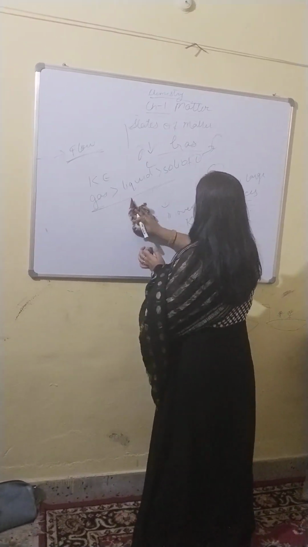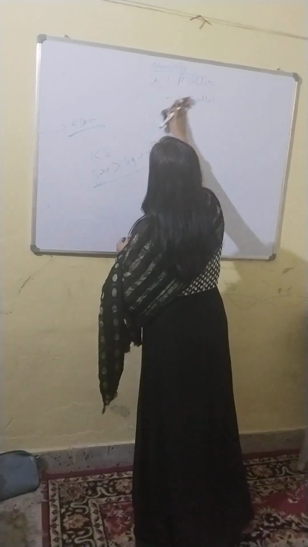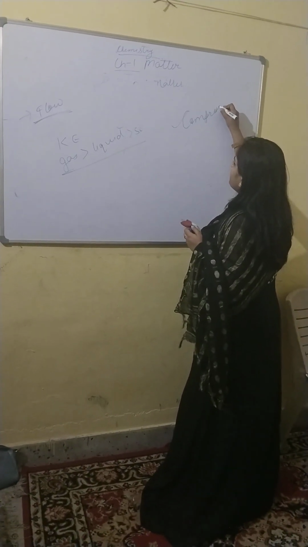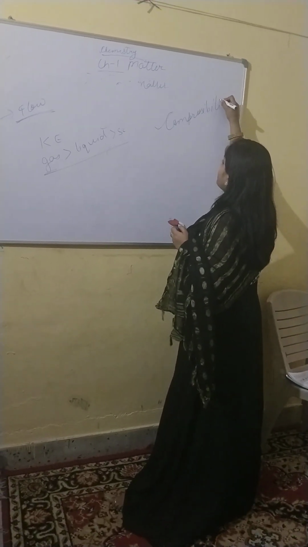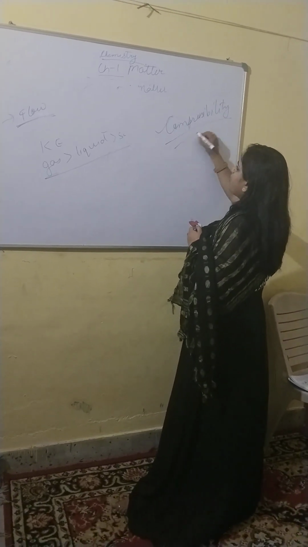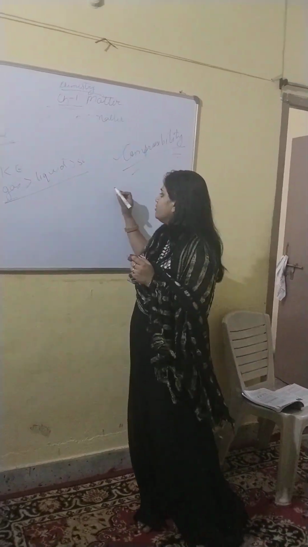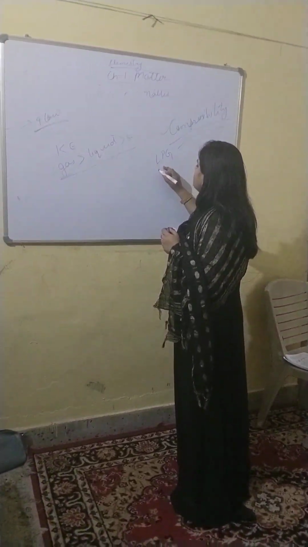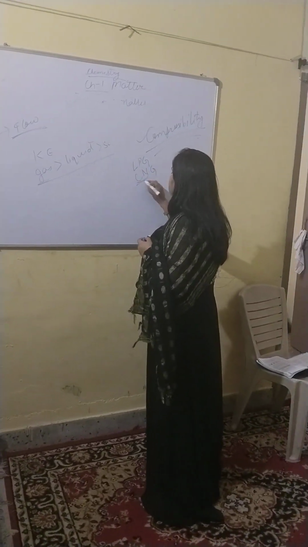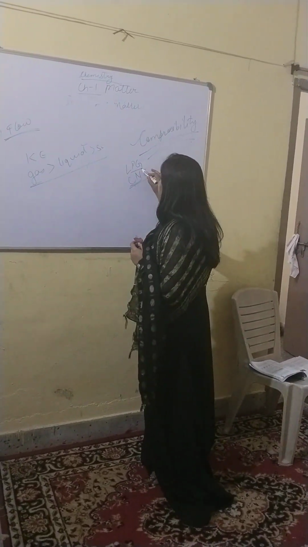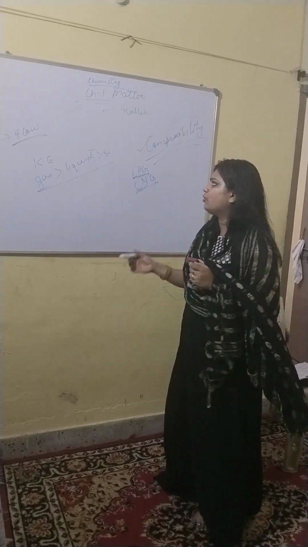Now one more very important property that you also use in everyday life. What is that property? Compressibility. Gas has the most property to compress. Have you ever seen the LPG used in your home? CNG. What is CNG? Yes, compressed natural gas. What is LPG? Liquefied petroleum gas.